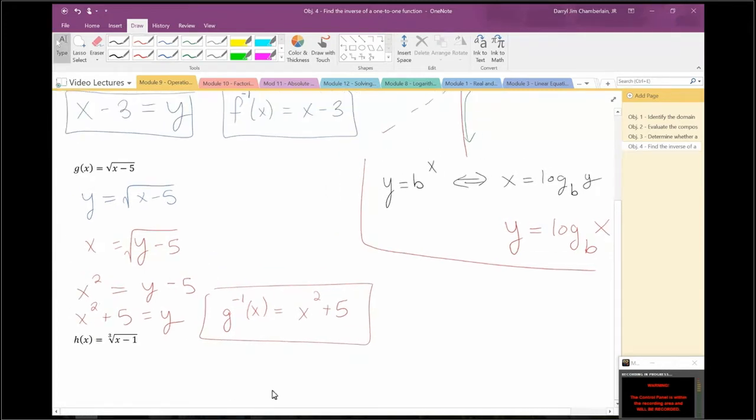And you may be wondering, well, wait a minute. X squared plus 5 is not one-to-one. The x squared was the only thing that failed last time. So let's try to see what's going on here.